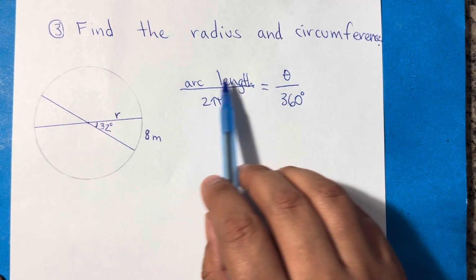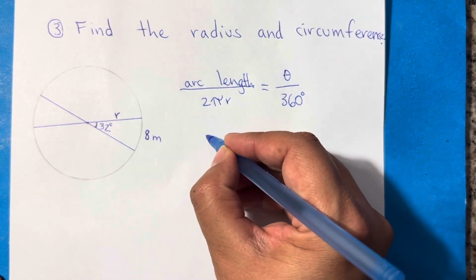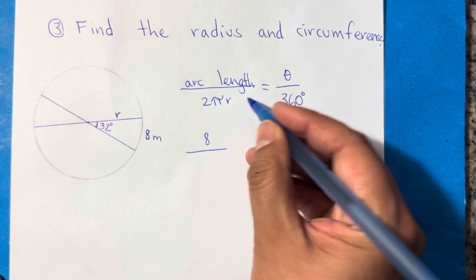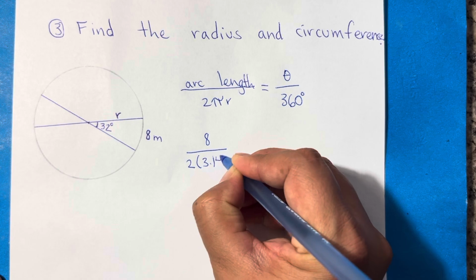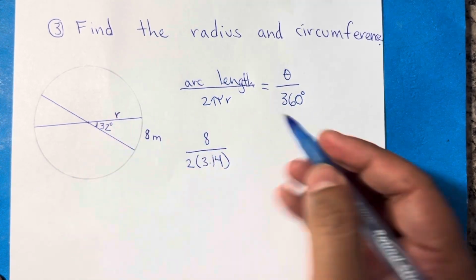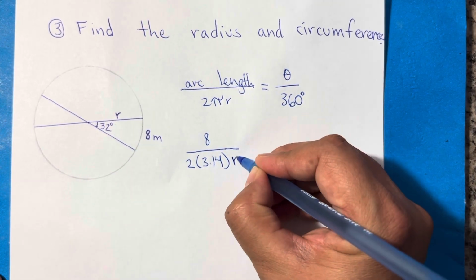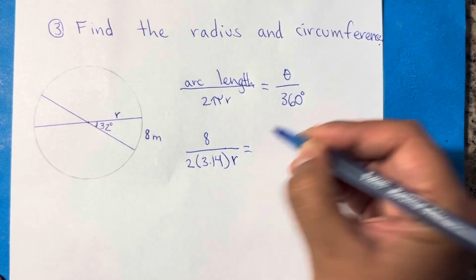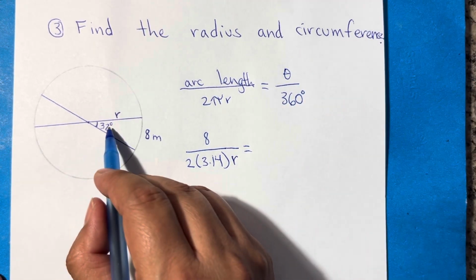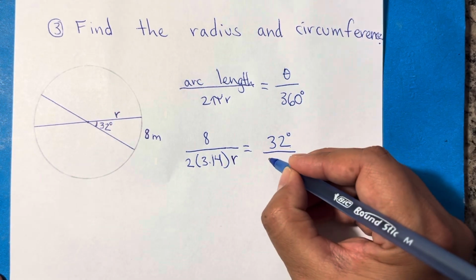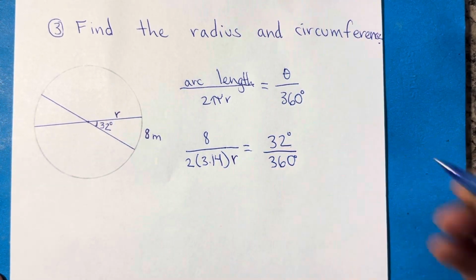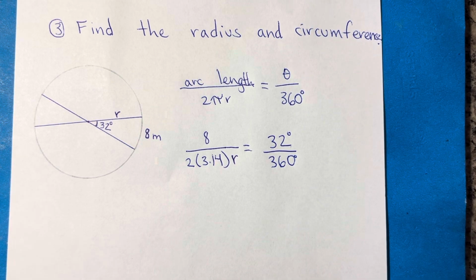And so the arc length, we're given that, which is 8 over 2 pi r. We can replace it with 2 times 3.14 times the radius, which we don't have. We keep it as r. Theta is the angle measurement, which is 32 over 360. Again, we use the butterfly.